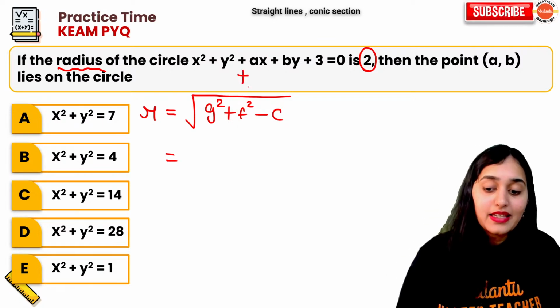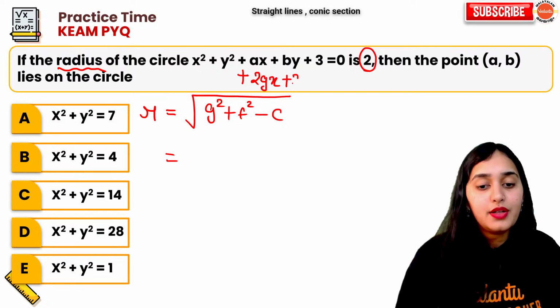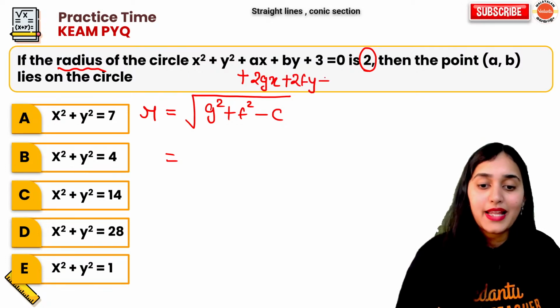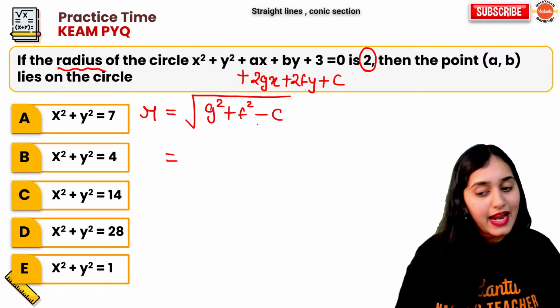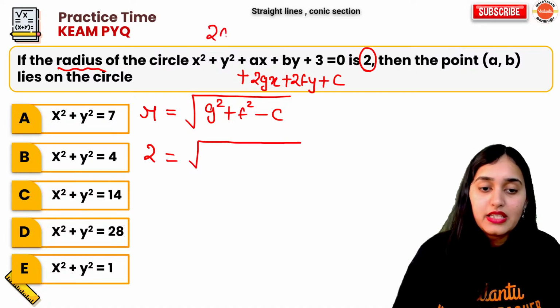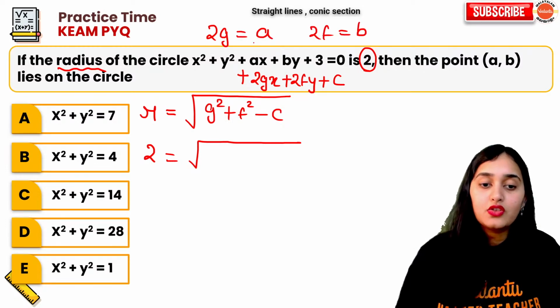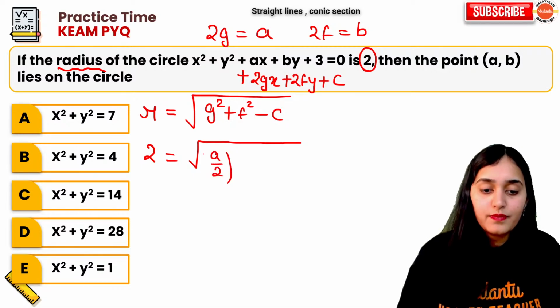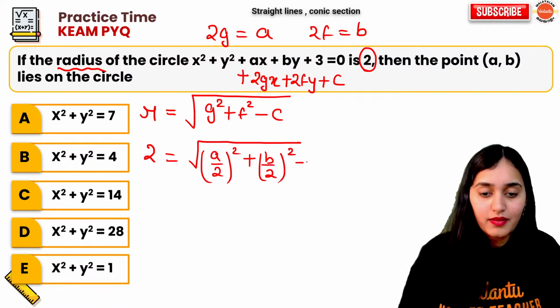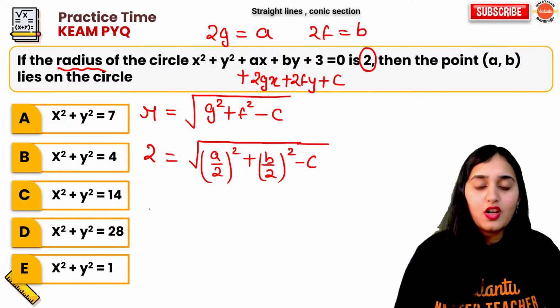So the standard equation, what is the standard equation? x square plus y square plus 2gx plus 2fy plus c. It is the standard equation. Radius is given as square root of, now 2g is a, 2f is b. So g will be a by 2, f will be b by 2, whole square, minus c. Right? Understood or not?